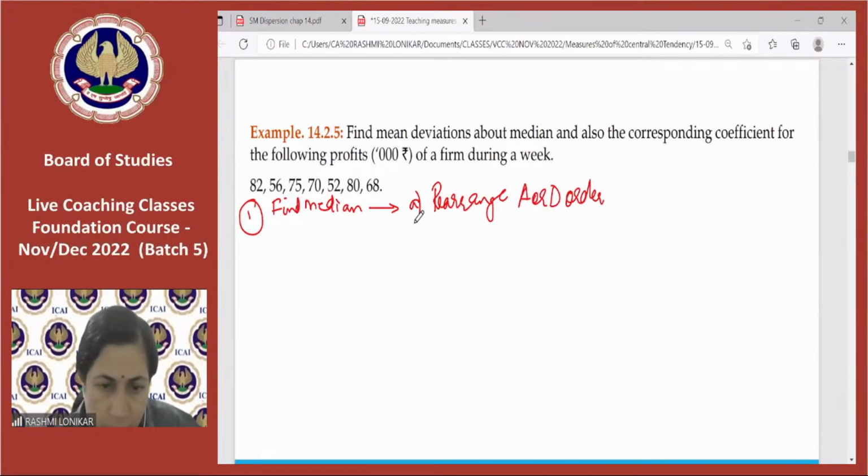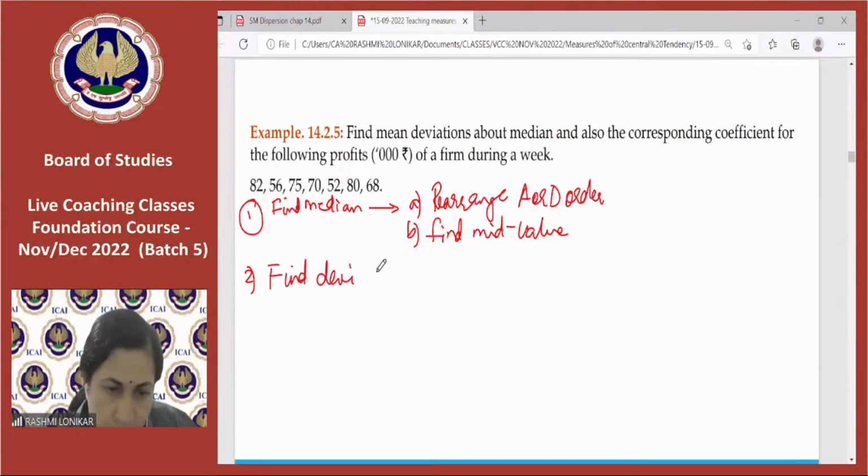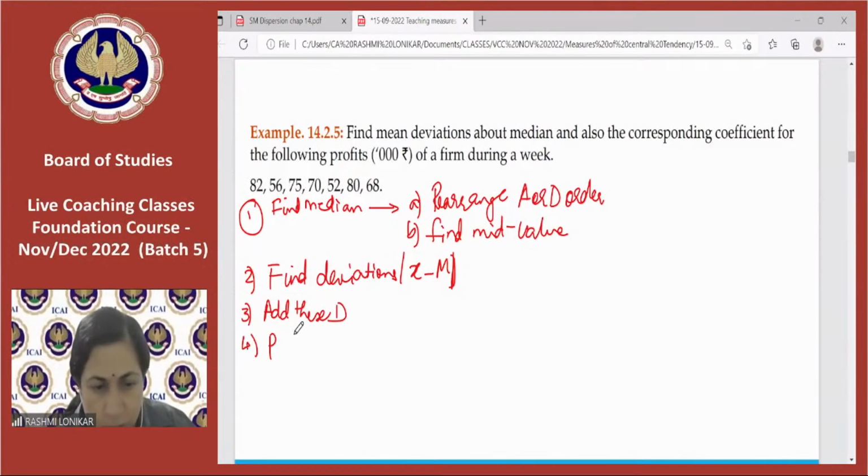Then find the middle value. That will be your median. Second, find deviations. What are the deviations? x minus M, where M is the median, and we take the absolute difference. Third, add these deviations, and fourth, put it in the formula.